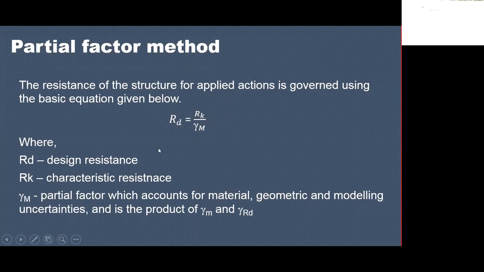Say, if you are receiving a batch of concrete which is tested for 31 megapascal, your design value will be 28 or 27 or 24, less than that 31. The reason is we underestimate the strength of the material when designing a structure.